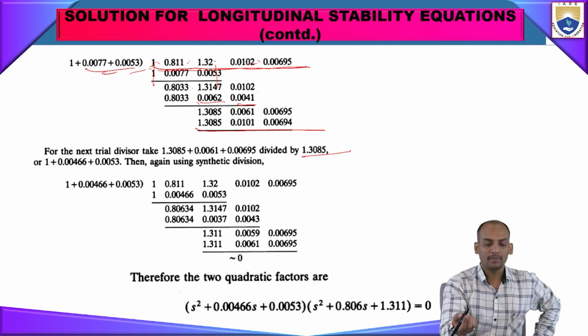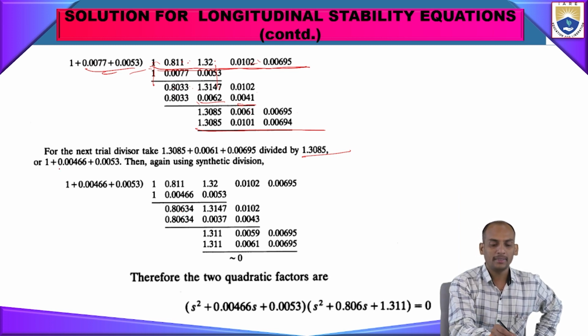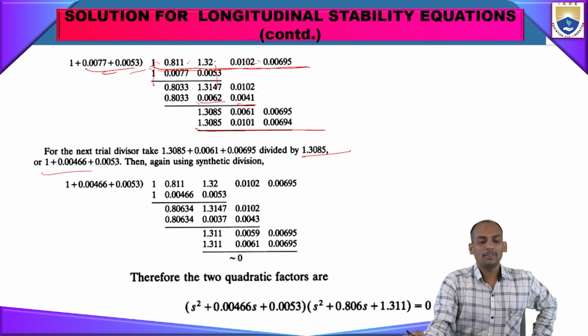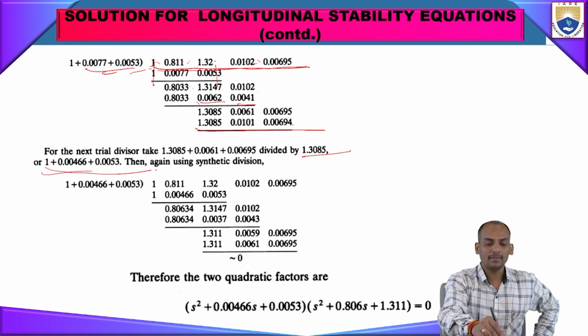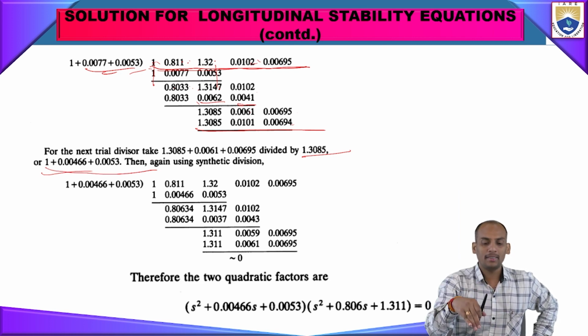So you can say 1 plus 0.00466 plus 0.0053. If you divide it with 1.305, we get another set of values. With that set of values, if you do the synthetic division again, you will get these values.